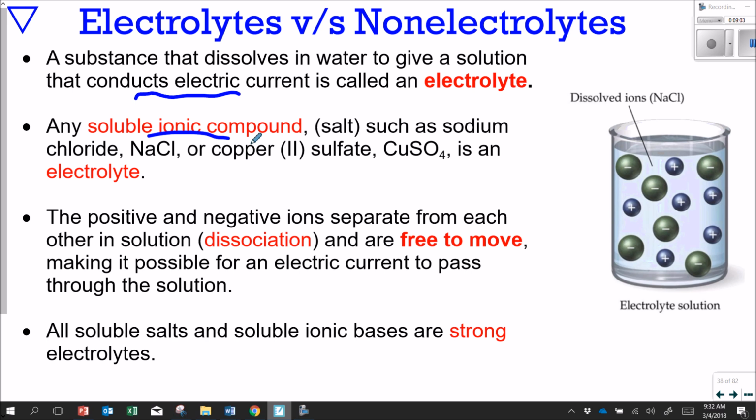What happens is the positive and negative ions separate from each other in the solution, as we can see in this beaker. They are free to move, important, and that makes it possible for an electric current to pass through the solution.